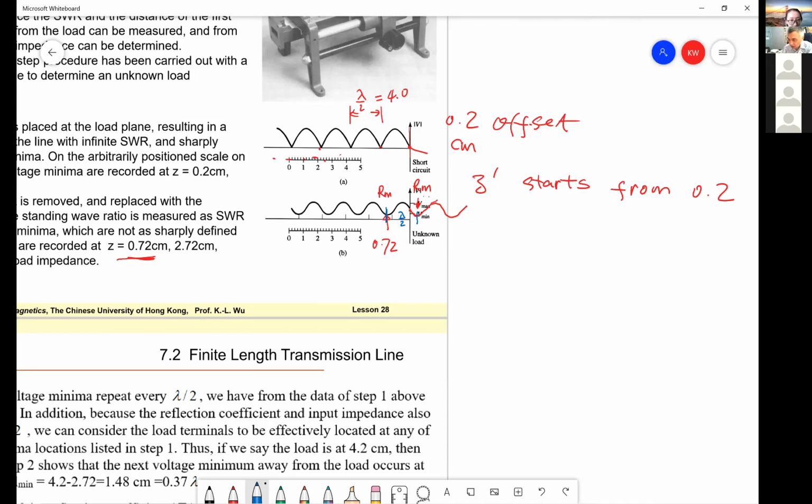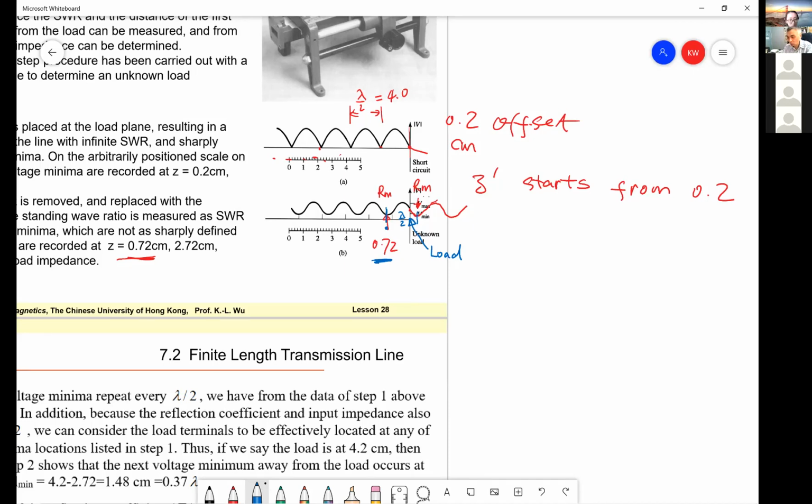But however, this location is not measured from the load. If this is a load, on this ruler, we have an offset from the load.